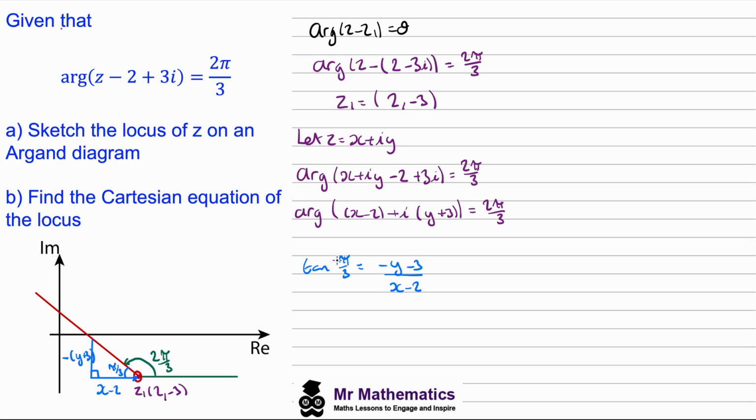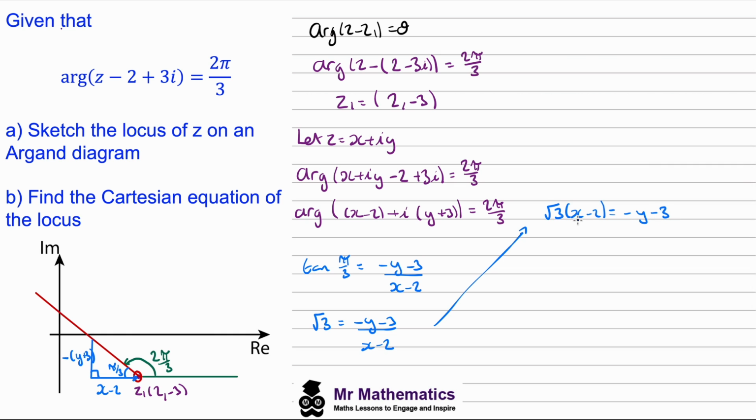We can work out the tan of pi over 3 as root 3. So this will be negative y minus 3 over x minus 2. And then we can move this x minus 2 to the left-hand side. So we've got root 3 lots of x minus 2 will equal negative y minus 3.